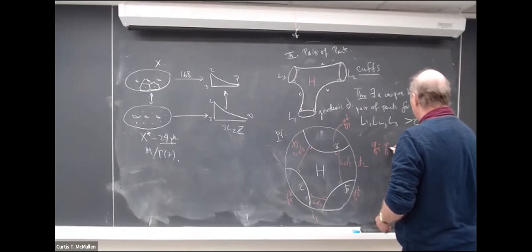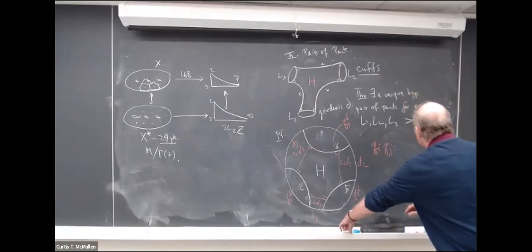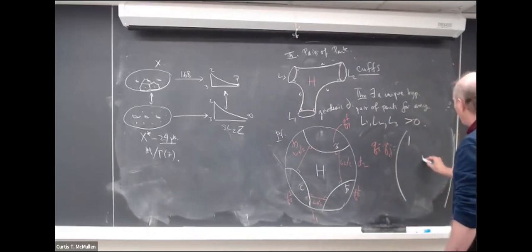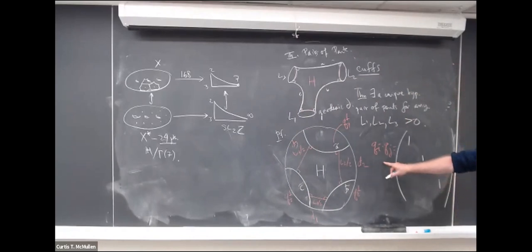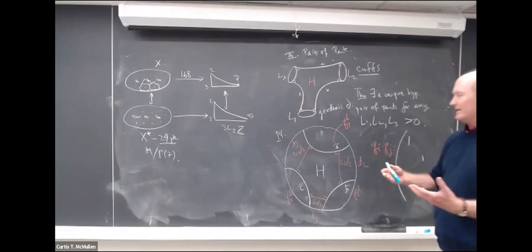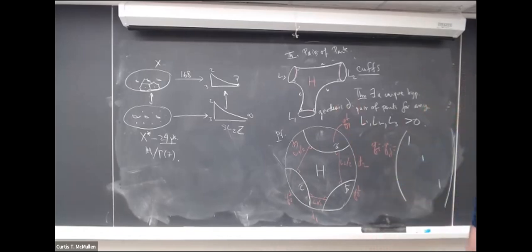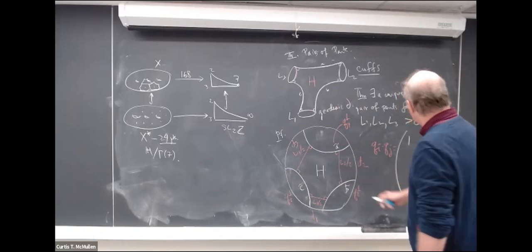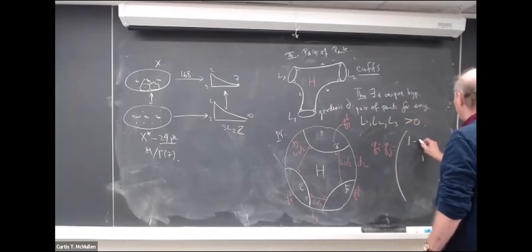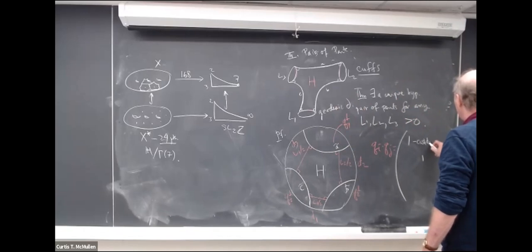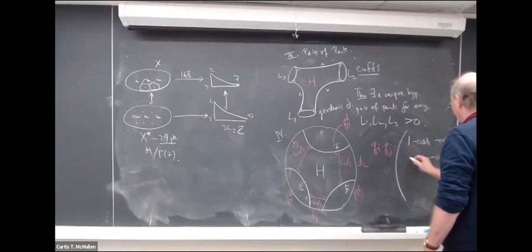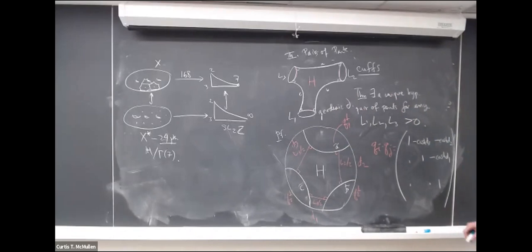Qi dot Qj would have to be the following matrix. It would be 1, 1, 1 on the diagonal, since the Qi squared are equal to 1 in the Minkowski model. They're on the one-sheeted hyperboloid. And then the off-diagonal terms give you the distances. So here we would have minus the cosh of D3, minus the cosh of D2, and minus the cosh of D1, and then symmetrically over on this side.